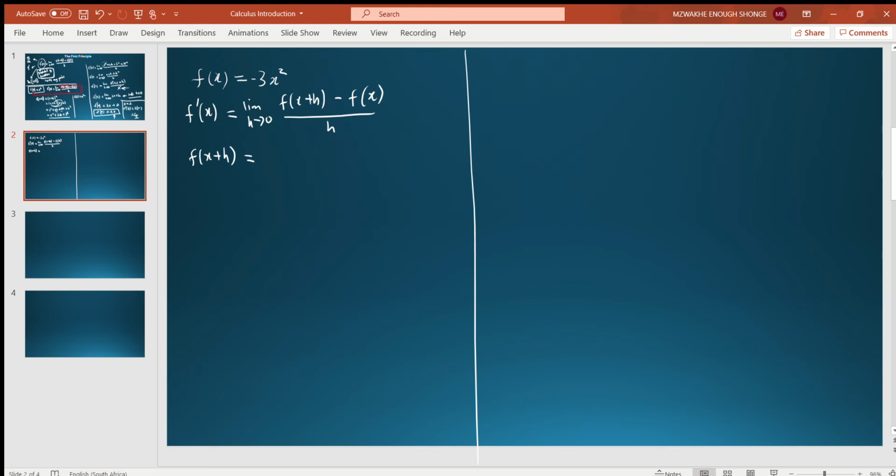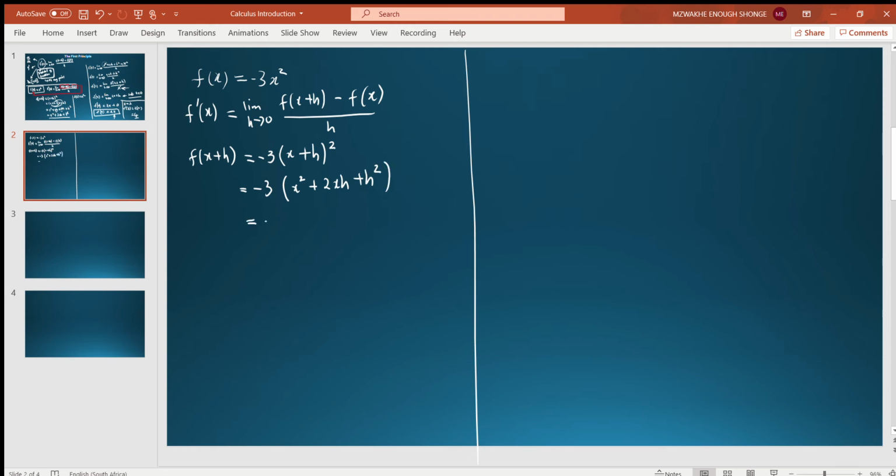So f of x plus h equals, you look at the function, it's minus 3, and wherever you find x, you substitute with x plus h. Minus 3 times x plus h all squared. Then you solve: minus 3, open bracket, x squared plus 2xh plus h squared.